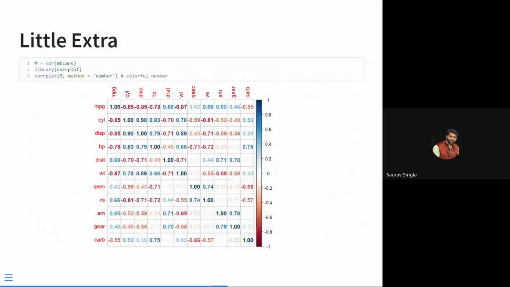So now, this is not the only way to plot the correlation. Let's look at some other methods of plotting the correlation.